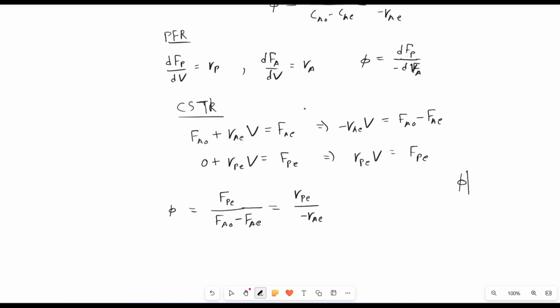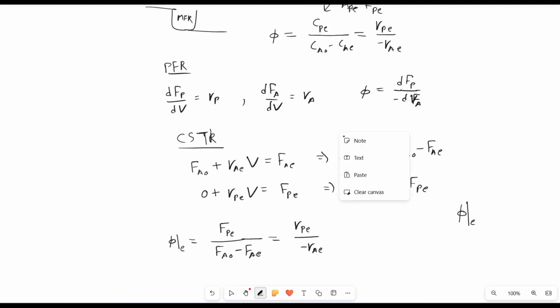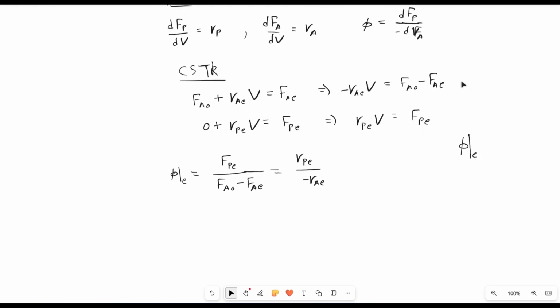So this can be written as phi exit. In instantaneous terms, phi is the rate of formation of product divided by consumption of A, but for CSTR you can directly evaluate it at exit condition.